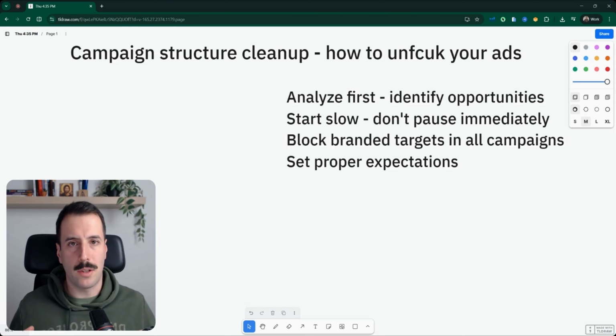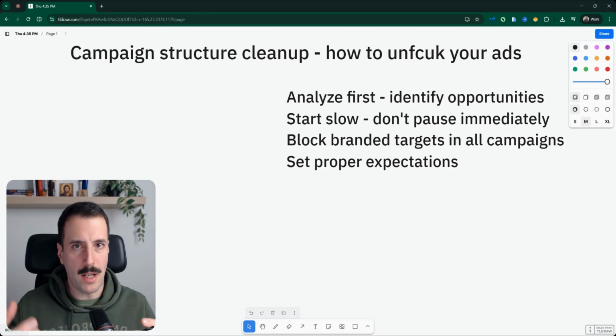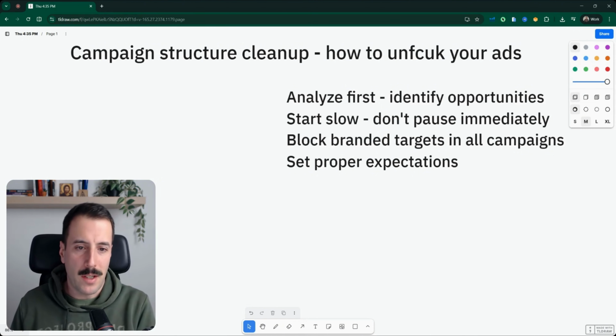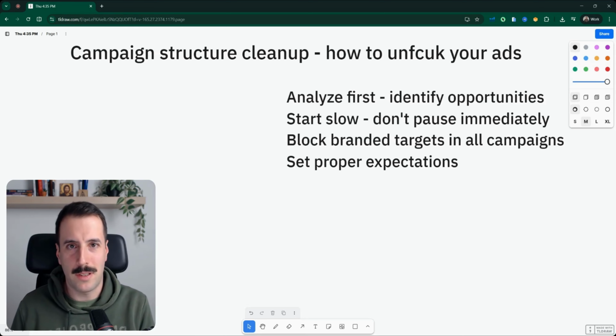So you want to start slow. Once you first see what's working, recreate that. Once it gets some traction, then pause the old campaigns and work slowly. Now, I should have said even at the beginning, the most important thing here is to have proper expectations.